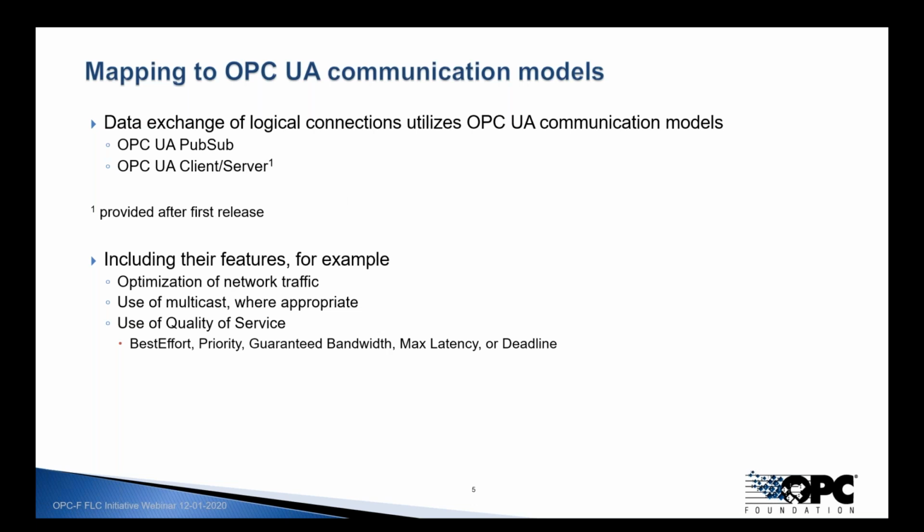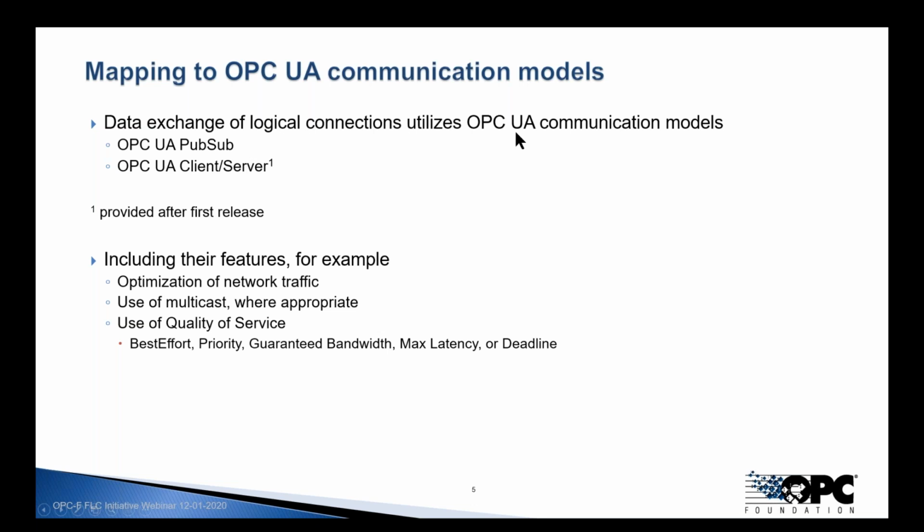For one thing, OPC UA PubSub, which is defined in part 14, and also OPC UA client server, for example, for connections which don't need the speed that PubSub gives you. Client server will be provided after the first release, but we will make sure our establishment of connection will also work for establishing client server connections.